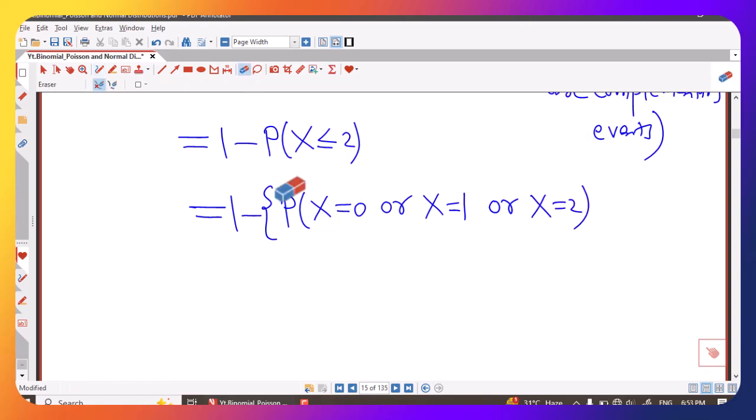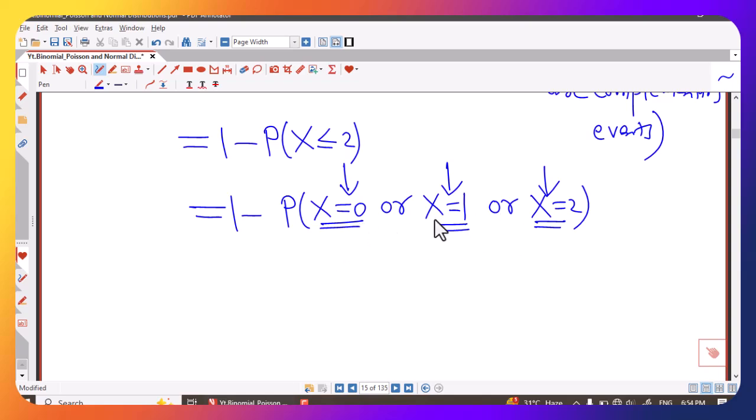X less than or equal to 2 means X can be either 0, or X equal to 1, or X can be 2, but at the same time X will assume only one value. These three cannot happen at the same time. When X equal to 0 is there, these two will not occur.